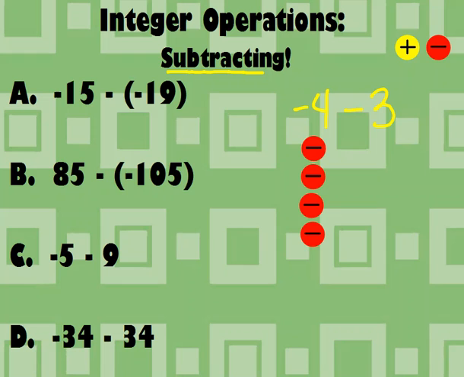Well, the problem here is we have -4 things, but we can't take away 3 positives because we don't have the positives to take. So we use a strategy called LCO. LCO stands for leave, change, opposite.